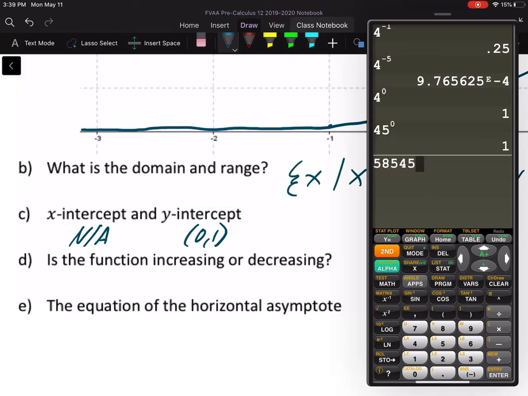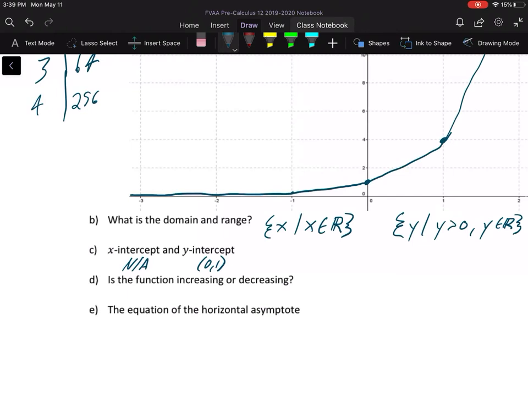It doesn't matter the number. If you put it to the exponent of 0, it's going to give you 1. So that's going to be very common, unless your exponential function has been transformed, you're going to get a y-intercept at (0, 1).